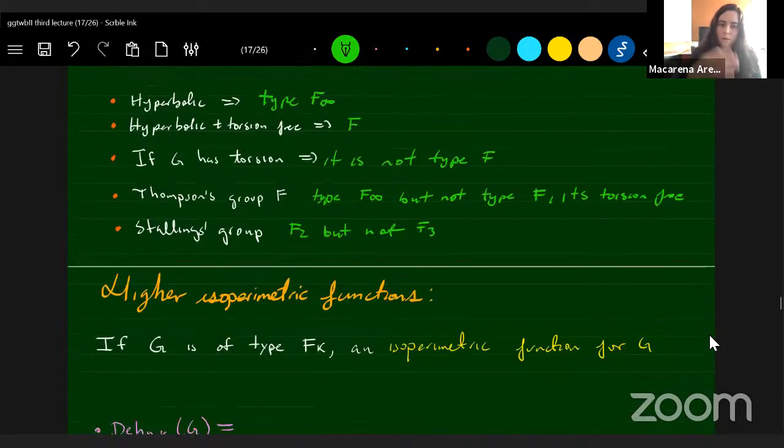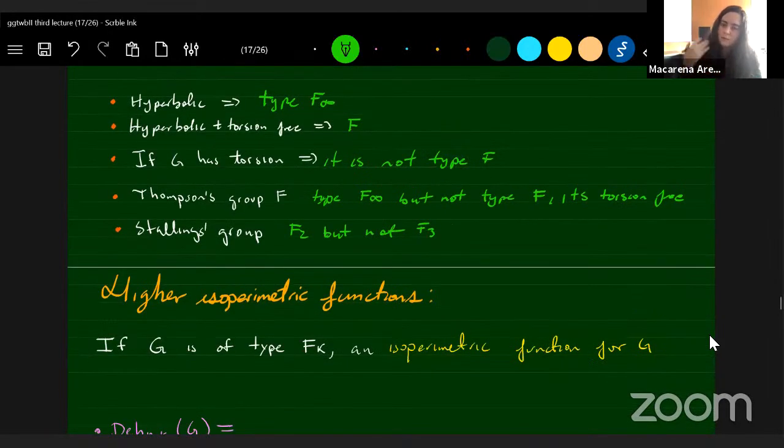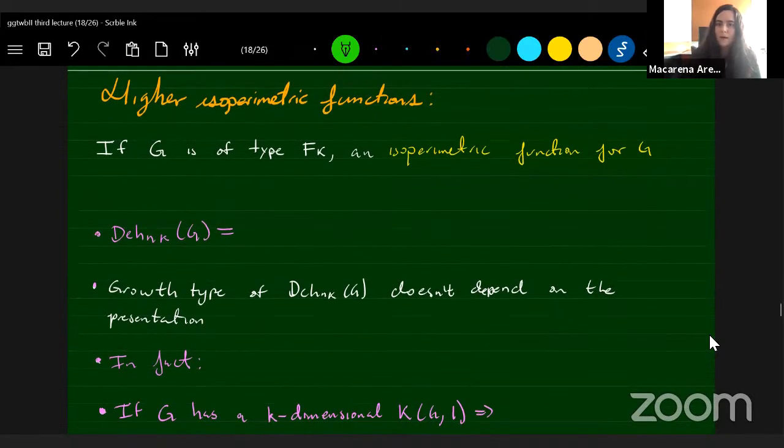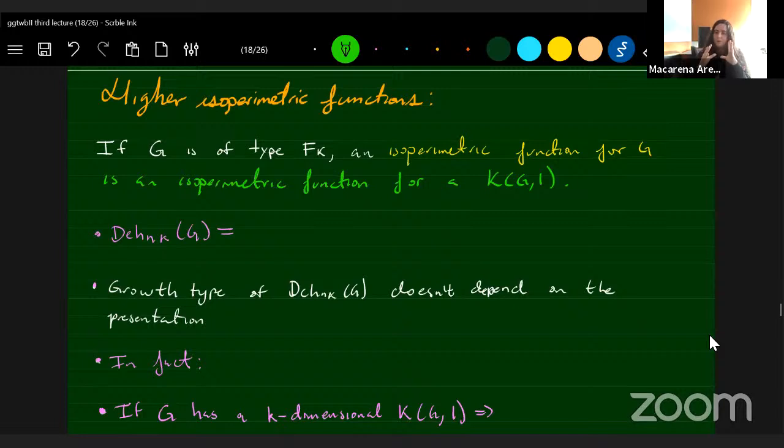Okay, so these are the properties that we need to be able to define higher isoperimetric functions for groups. So if a group is of type Fk, an isoperimetric function for G is just an isoperimetric function for a K(G,1), for a classifying space.